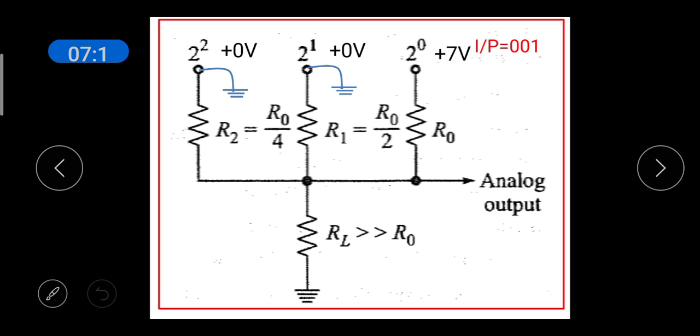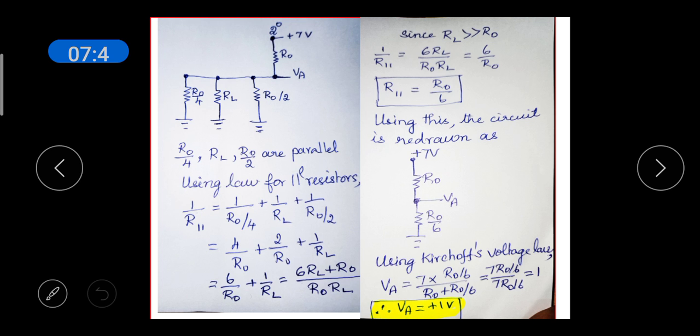Now, the resistance values are R0, R1 is equal to R0 by 2 and R2 is equal to R0 by 4. Since 2 power 1 terminal and 2 power 2 terminal are grounded, it's like having R1, R2 and RL parallel to each other. So the circuit resembles this diagram. R0 by 4, RL and R0 by 2 are parallel to each other.